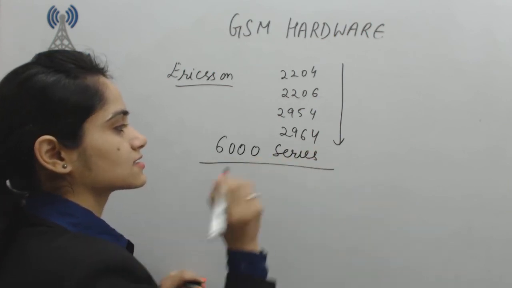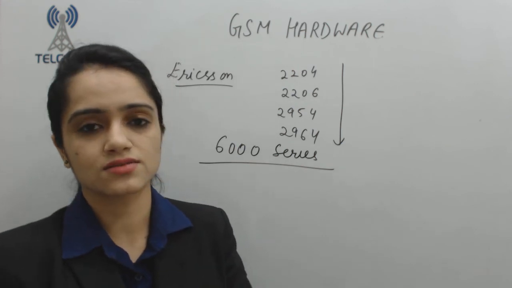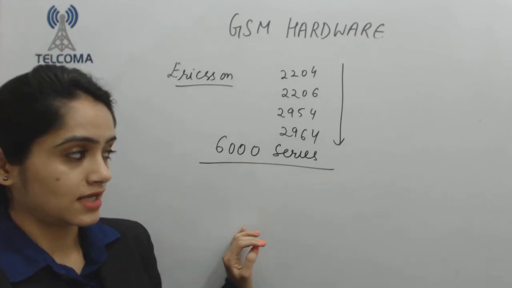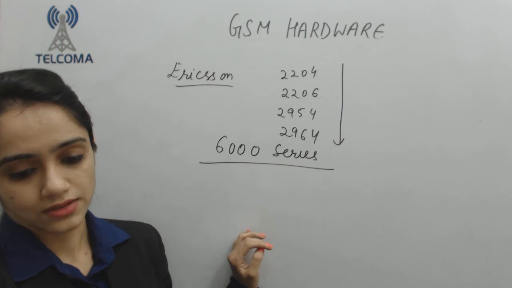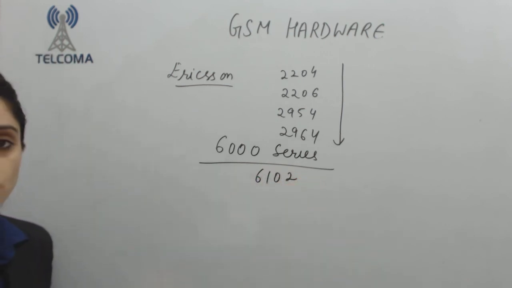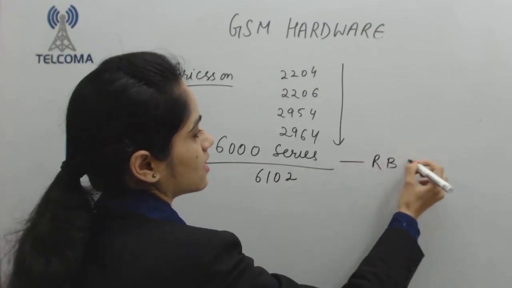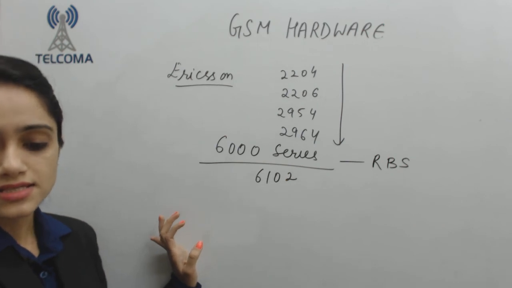This Ericsson 6000 series is the latest version, which supports 3G, and next versions will support 4G technologies. It starts from the 6102 BTS or RBS, because Ericsson named it RBS, which is radio base station.